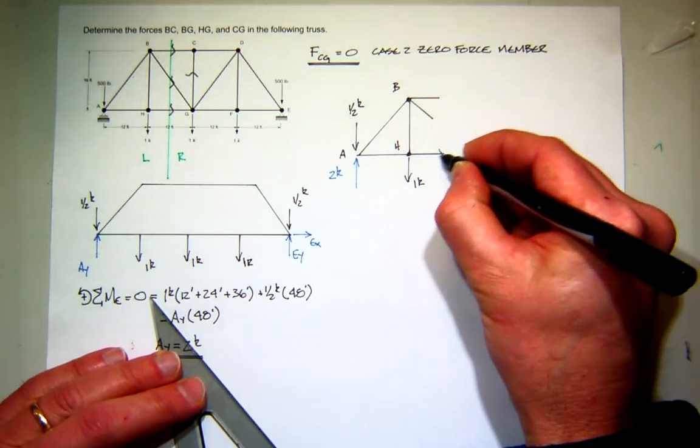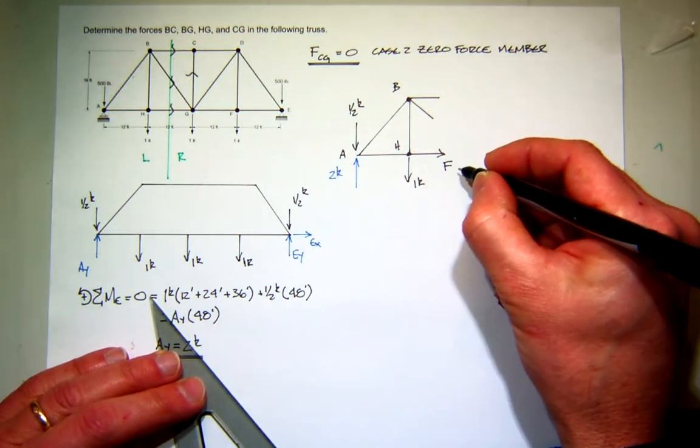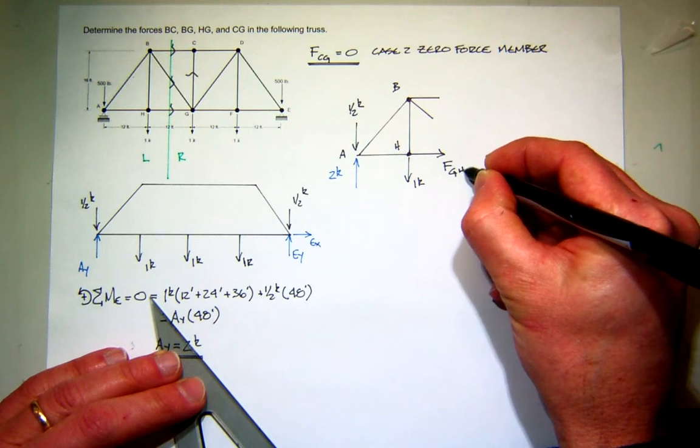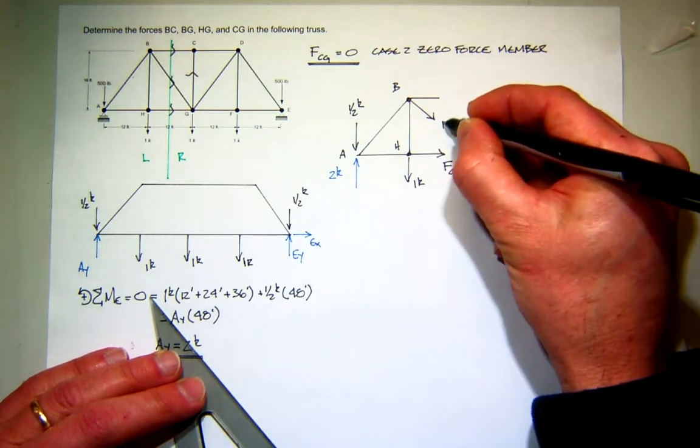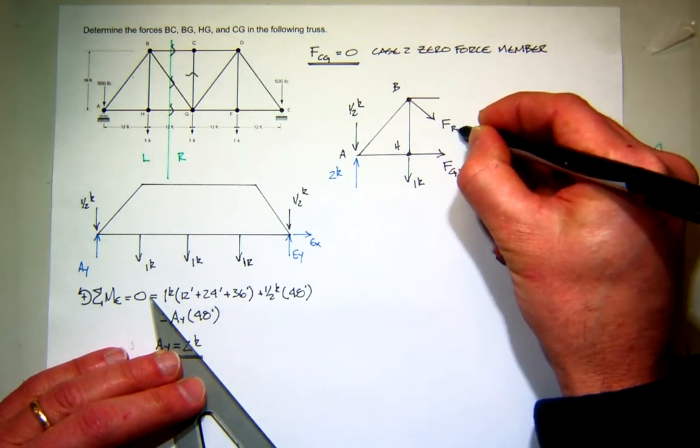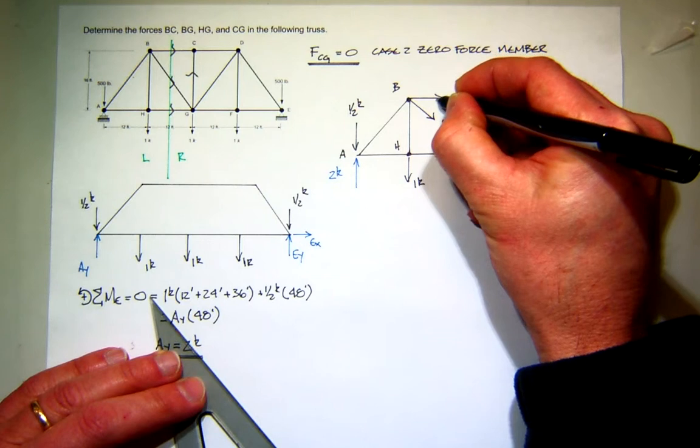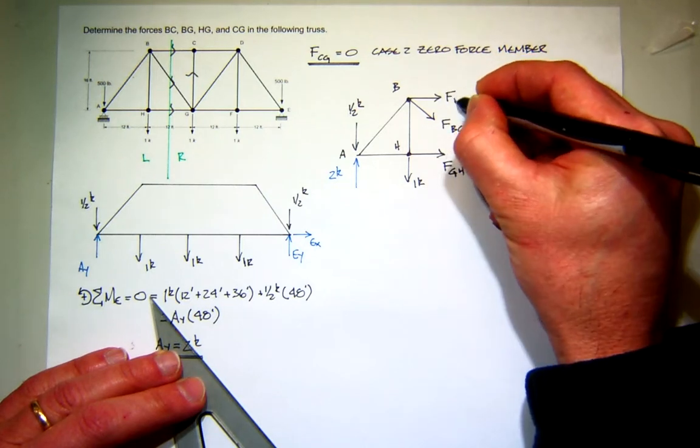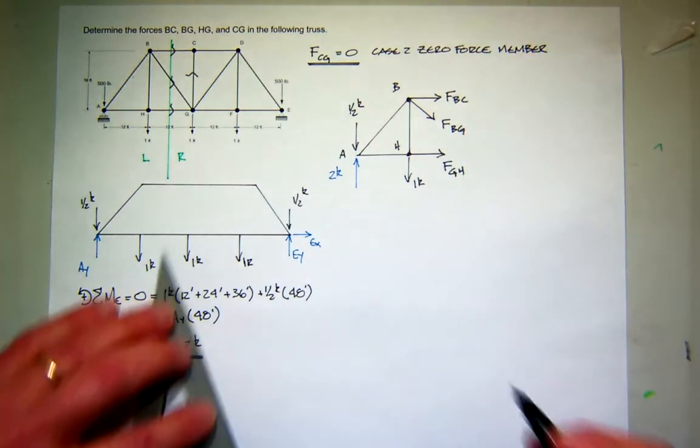So I'm going to assume that this is a tension force going from G to H, another tension force going from B to G, and another tension force going from B to C.